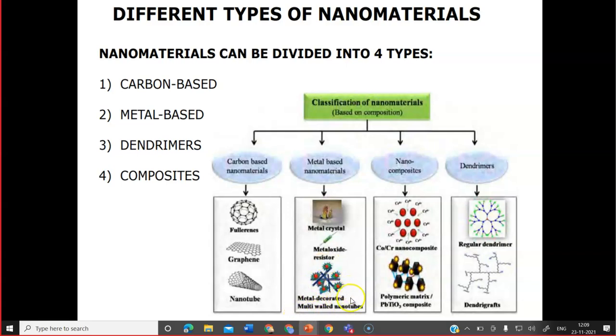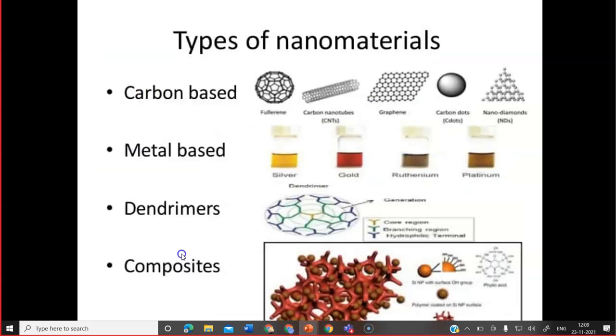Multi-walled nanotube is there in the syllabus. Okay. And then nanocomposites means cobalt, chromium nanocomposites, then polymeric matrix, then lead titanate. This is lead titanate composite. And then dendrimers means regular dendrimer and dendrigrafts. Okay. So this is about the types of nanomaterials.